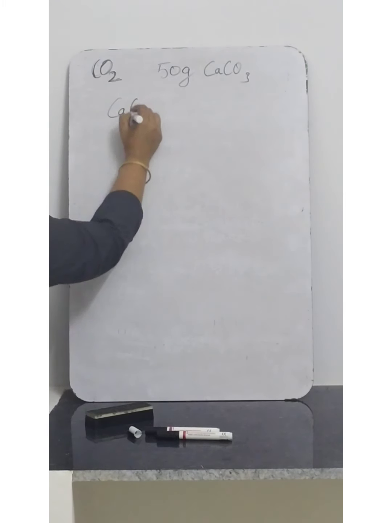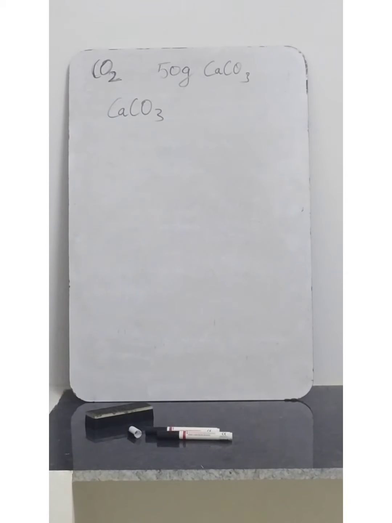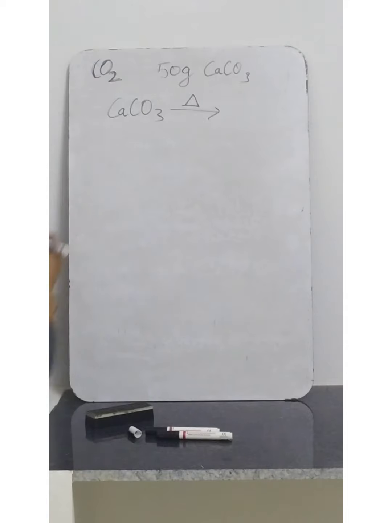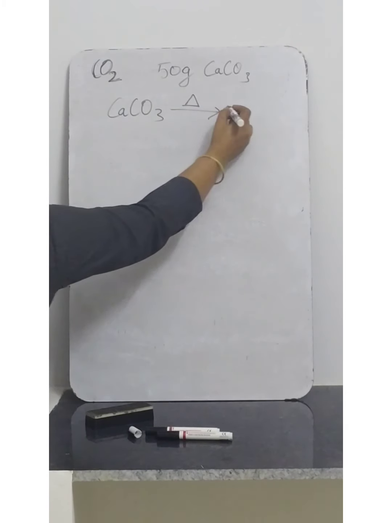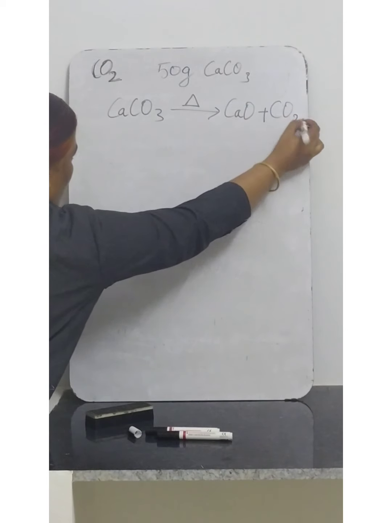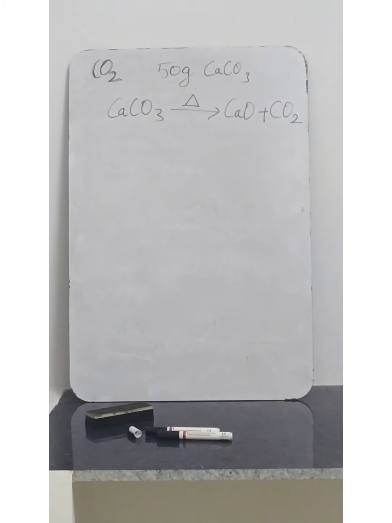What is the formula for calcium carbonate? CaCO3. So CaCO3 is heated. Understood? It will undergo a decomposition reaction and it will give calcium oxide by the removal of carbon dioxide. Already you have learnt.